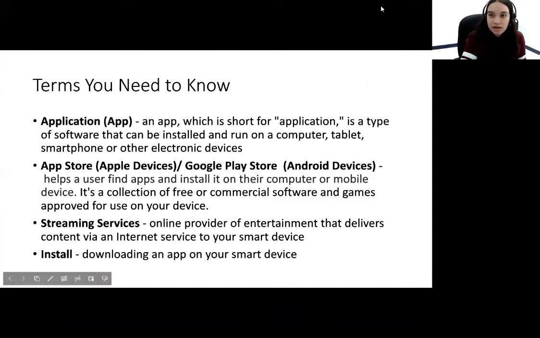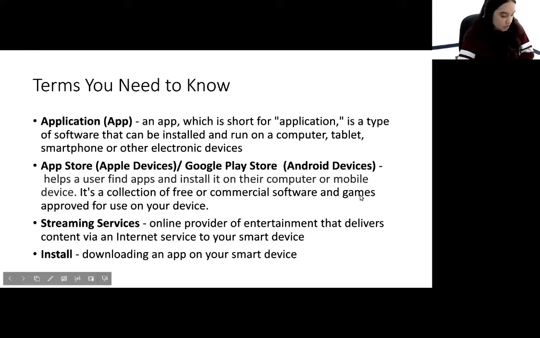So before we start our session today, we're always going to need to know some terms before we get started. So everyone that has a smartphone or a tablet or an iPad, you have apps on both of your devices, right? If you ever heard of the word app before, that is short for application.